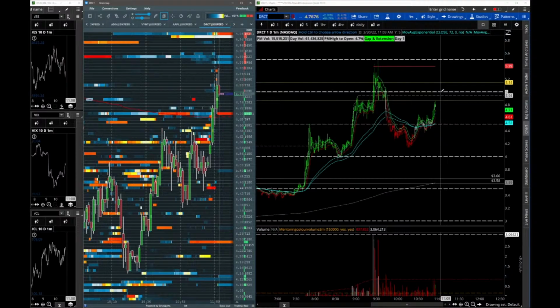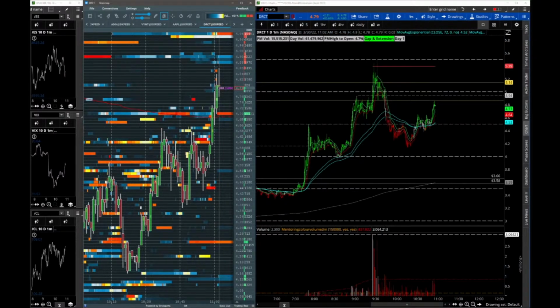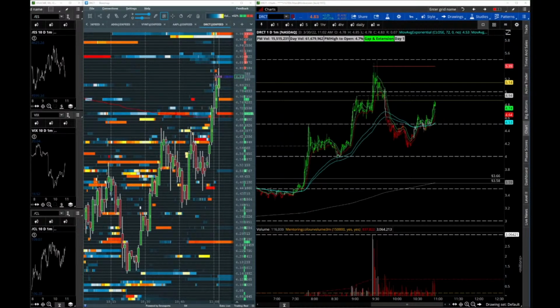This gray area is the pre-market high. And over here, we can have a possible 5.15 short. So watching the RCT, 5.15 short.